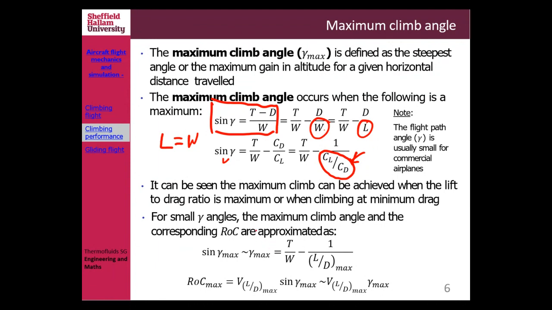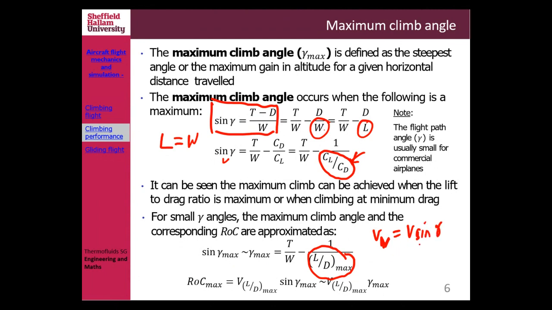For small angles, the maximum climb angle, which obviously corresponds to your rate of climb, will happen when you climb at maximum aerodynamic efficiency of your aircraft. Okay, so if we go back to the statement of rate of climb, which is V vertical, not V horizontal, which is your V sine gamma, right?